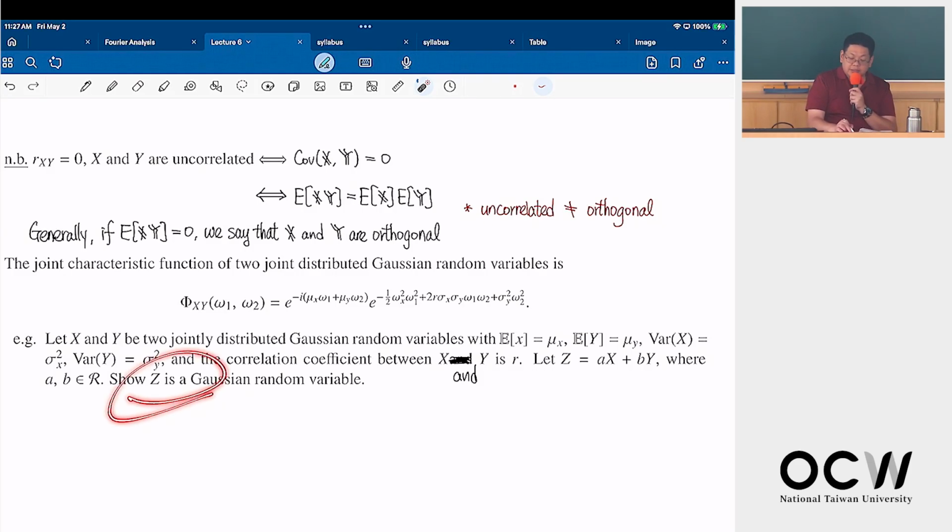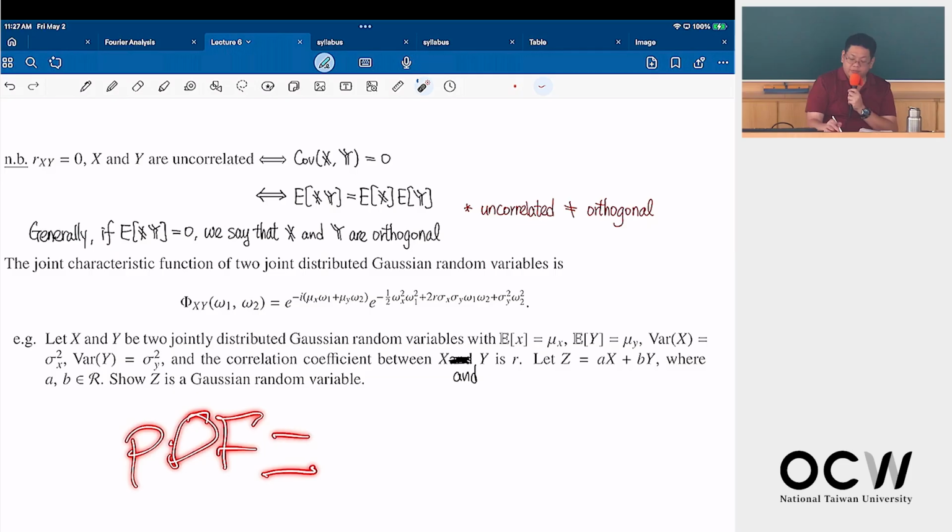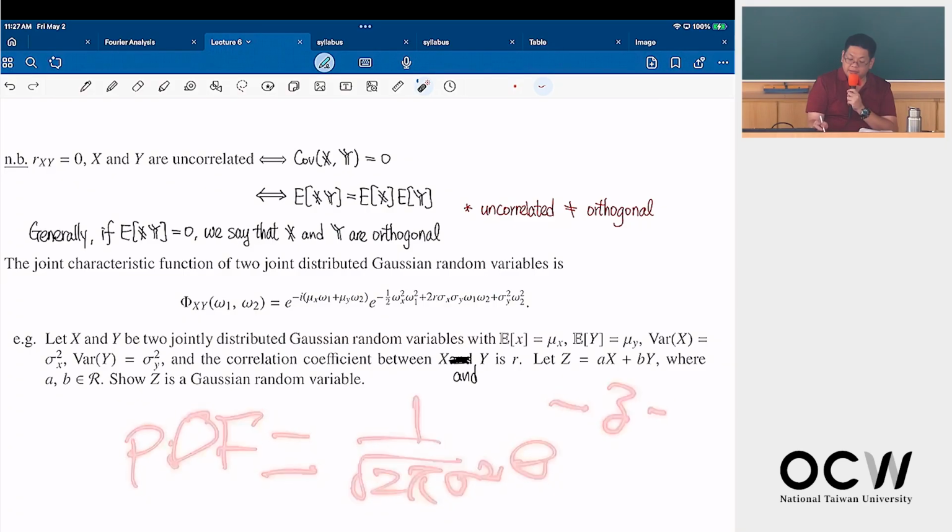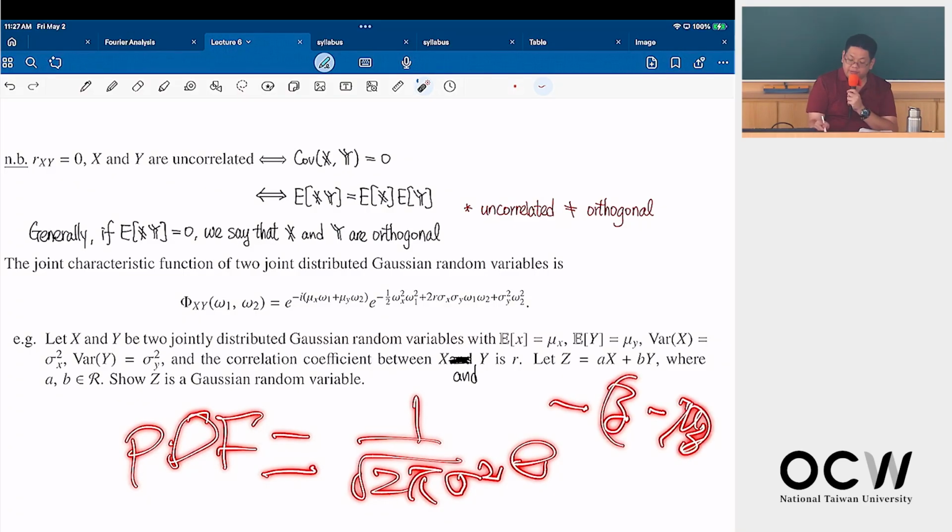How do we know that Z is a Gaussian random variable? If the random variable is Gaussian, then we know the form of its PDF: 1 over square root of 2 pi sigma squared, e to the minus z minus the mean, squared, divided by 2 sigma Z squared.